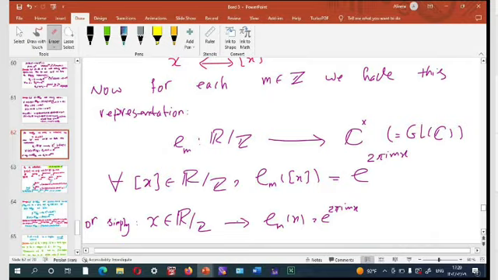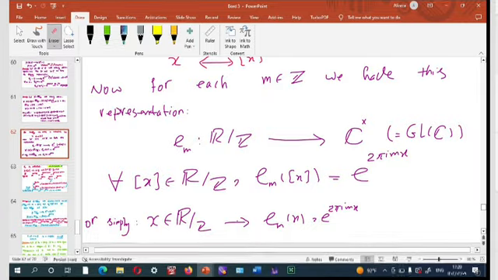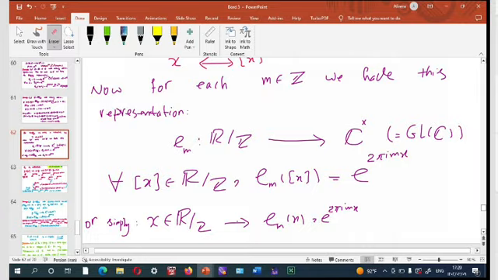Or simply, for any x in this quotient group, instead of this class, we always write the function rule of e_m equal to this.